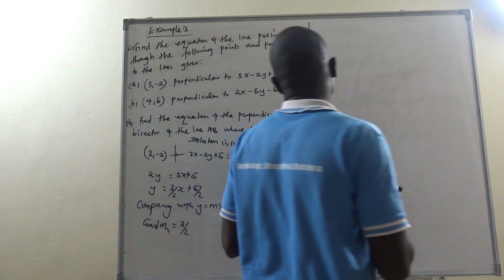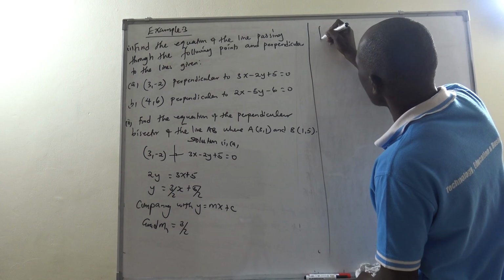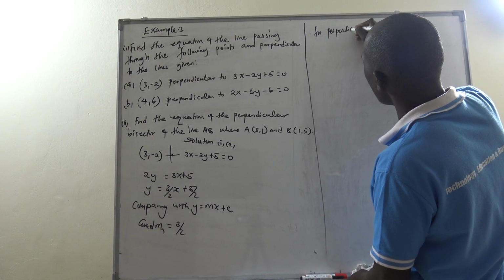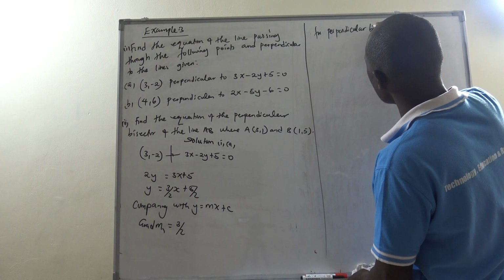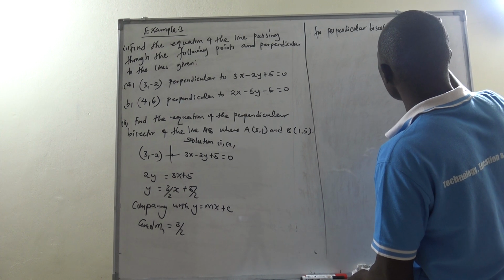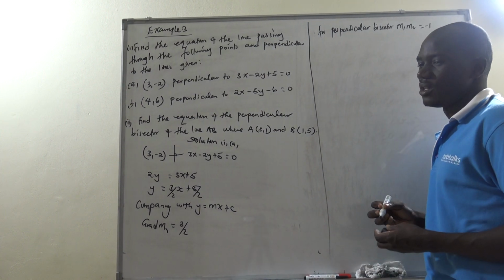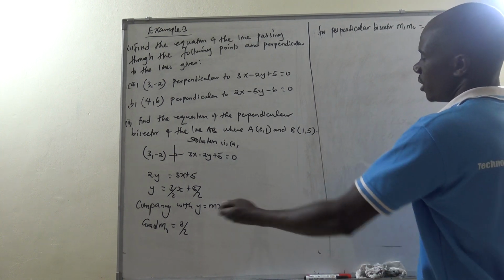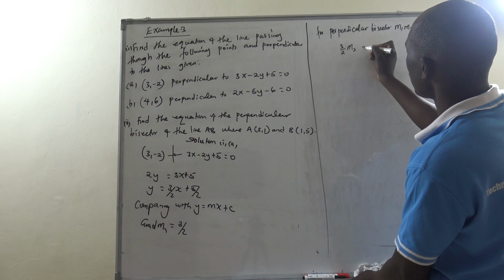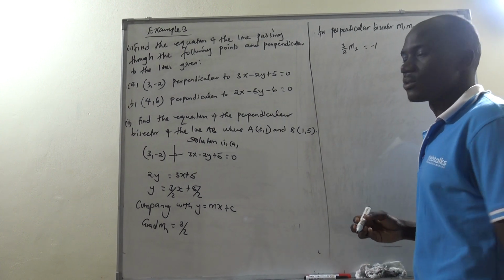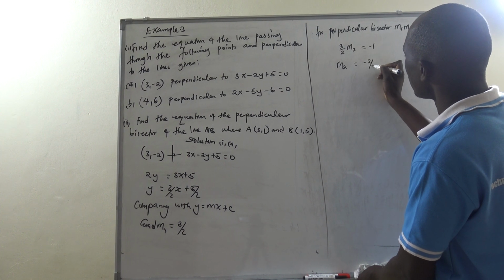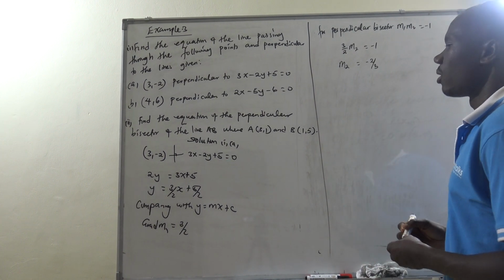For perpendicular lines, m1 times m2 must give us -1. Do we know m1? m1 is already 3 out of 2. Can we make m2 the subject? So m2 will be -2 out of 3. That's what we call our m2.